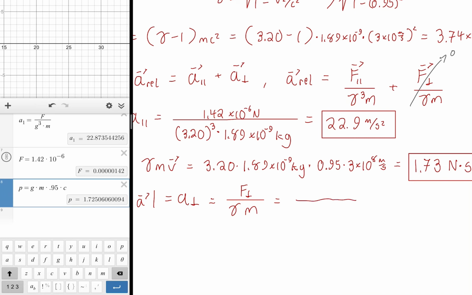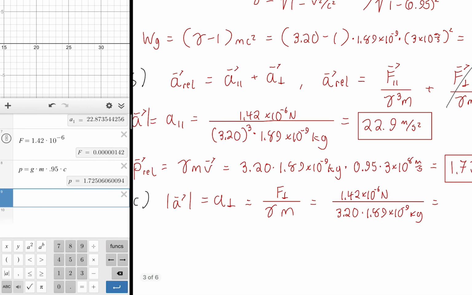Our force is entirely perpendicular, so it'll just be 1.42 times 10 to the negative 6 newtons, divided by 3.2 times 10 to the negative 9 kilograms, not squaring or cubing it this time. Looks great. Let's go ahead and calculate that one.